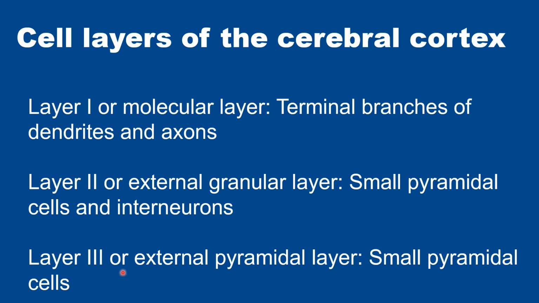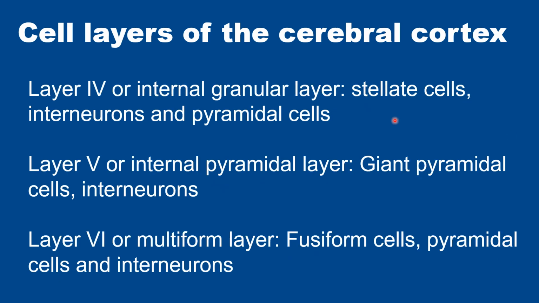Layer 3 or the external pyramidal layer contains small pyramidal cells, whereas layer 4 is the internal granular layer, which contains the stellate cells, interneurons, and the pyramidal neurons.